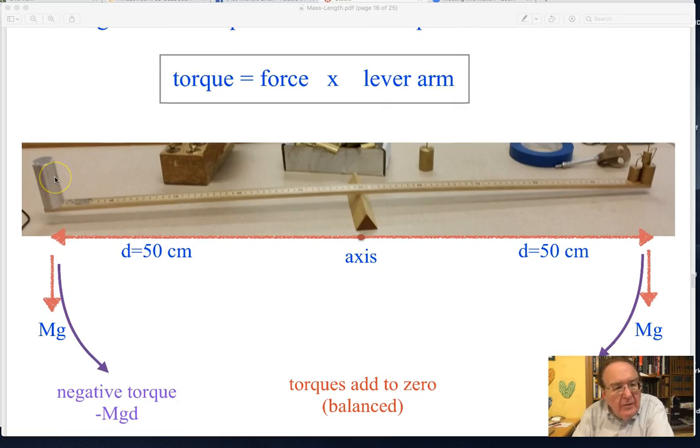The mass on the left-hand side has a force down, which is mg from gravity, and that force around the pivot point, which is the fulcrum, will tend to turn the meter stick in a counterclockwise direction. And the masses on the right have a force mg down, and they'll tend to turn the meter stick around the fulcrum in a clockwise direction.